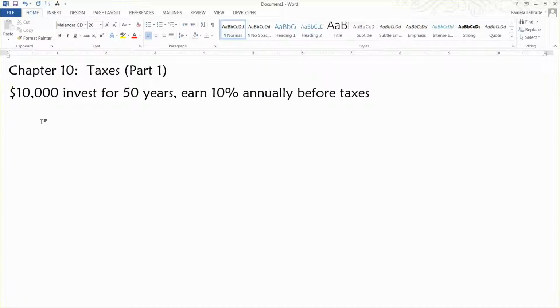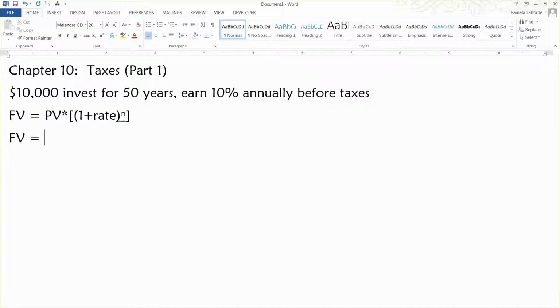To find the future value, it's the basic future value lump sum equation, which is the present value times 1 plus the rate, raised to the power of time. Now I'm going to pop in the numbers.